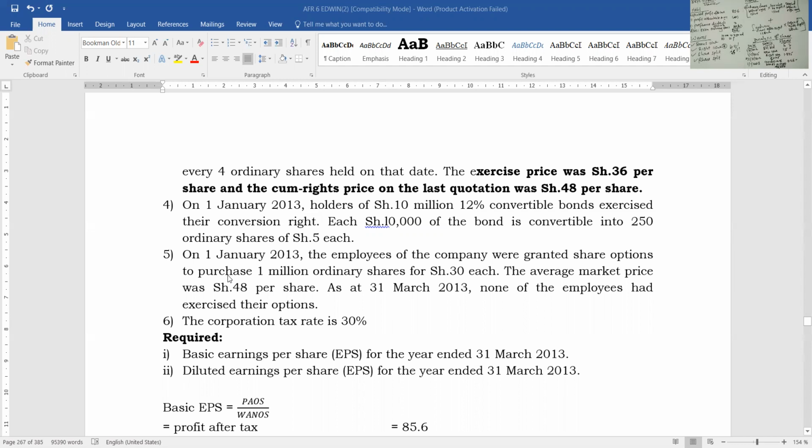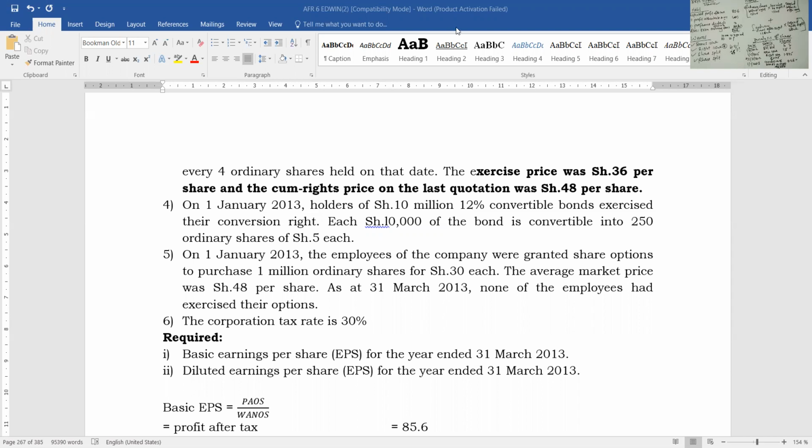Besides the other potential securities, the ones which are likely or unlikely to be converted to ordinary shares, which are convertible bonds or debentures and the convertible preference shares. Even if they say convertible, they are likely or unlikely to be converted. We have to deal with them under the diluted earnings per share.